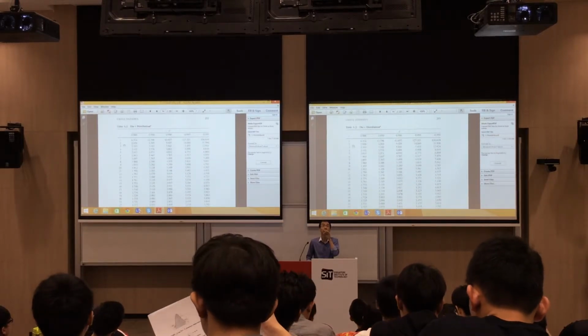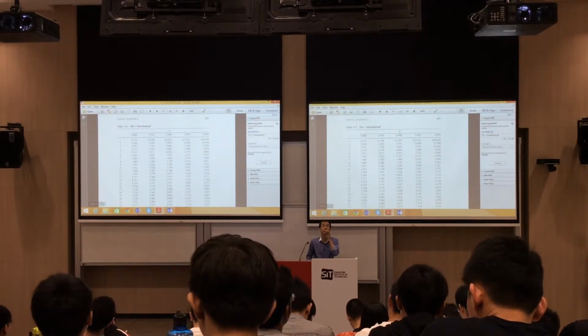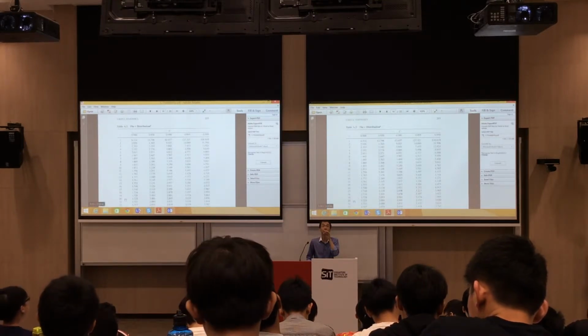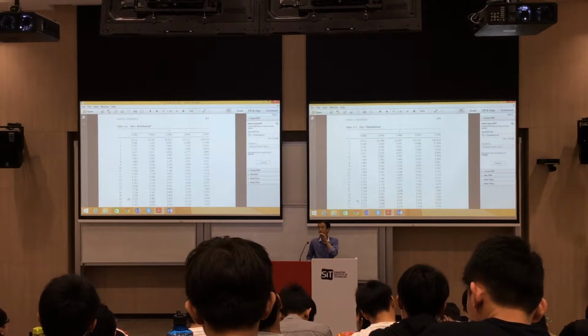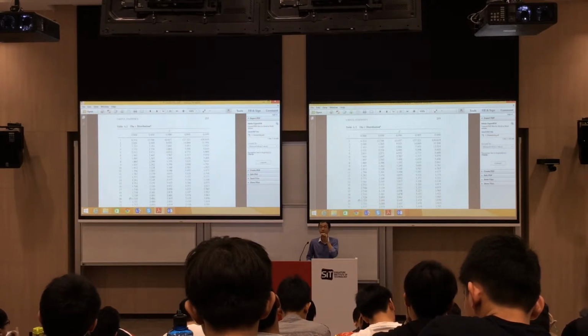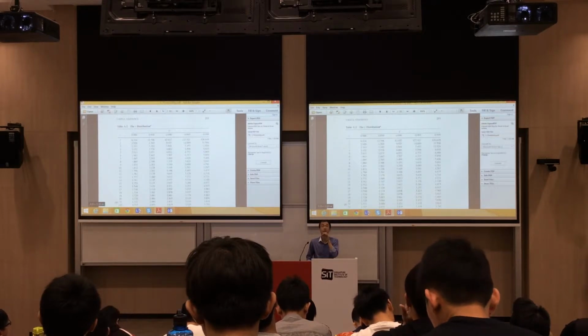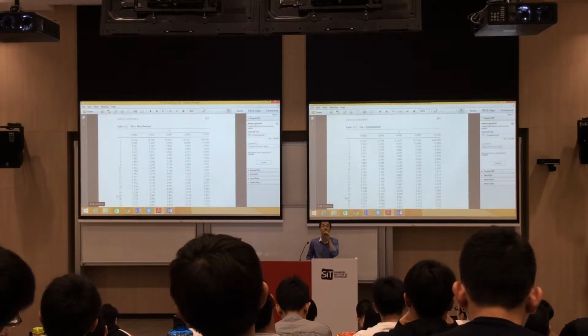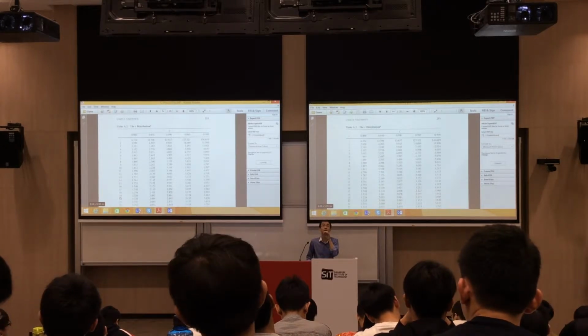This column is the degrees of freedom. Let's say you have 20 data, so what is your degrees of freedom? It will be 19. So you need to look at the degrees of freedom 19. What is the corresponding value?